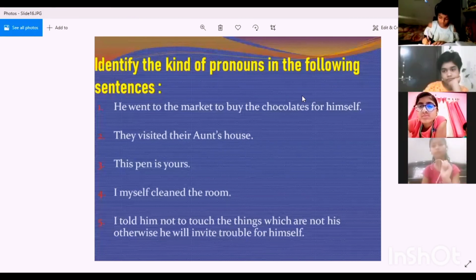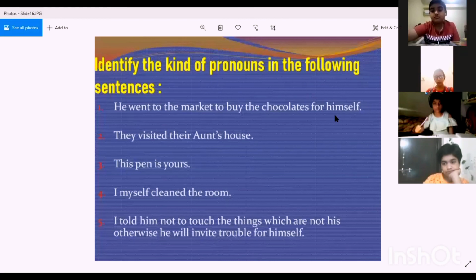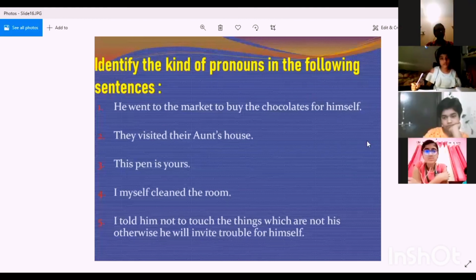The reflexive pronoun. How many of you agree with her answer? Ma'am, myself is also a personal pronoun. Ma'am, I think. You think? You have to be sure. You don't have to guess.